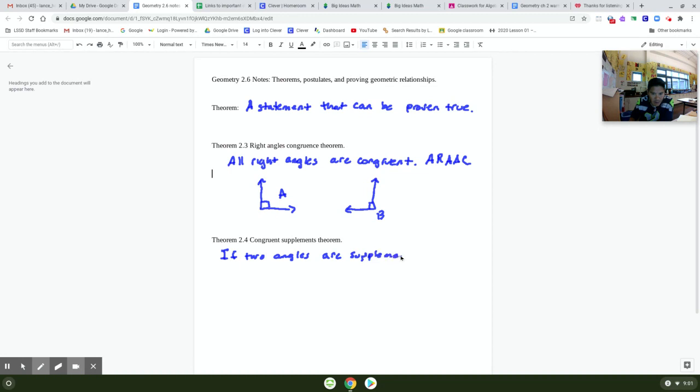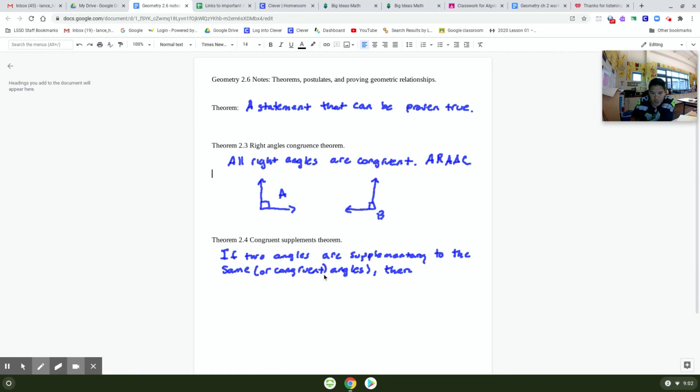you have to remember what supplementary angles are, just a quick refresher, or maybe pause and think about it. Supplementary angles are two angles whose sum is 180 degrees. But if two angles are supplementary to the same angle, or it could be the two angles are supplementary to congruent angles, then again, possibly pause the video and think about what the relationship is between those two angles that are supplementary to the same angle.